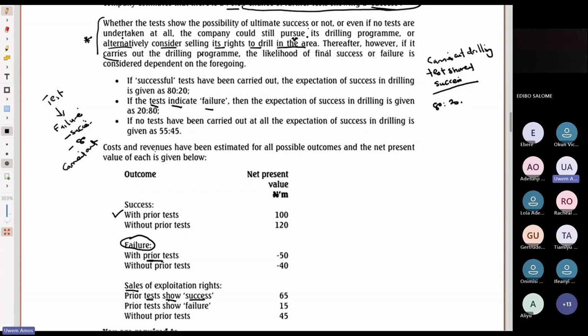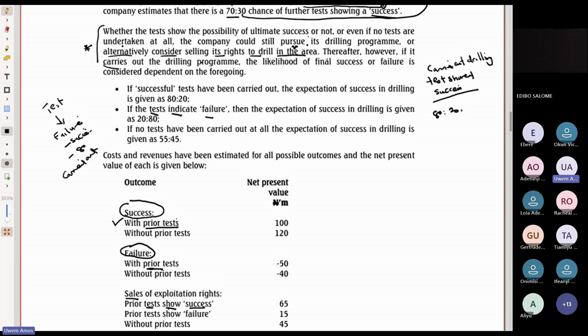So if our final value is success with prior test, it doesn't tell us whether it's prior test with the result of success or prior test with the result of failure. It basically says that if it is successful and you have carried out a prior test, it is 100. So where do we have success? Where you have carried out a prior test. Let's go back to our chart.